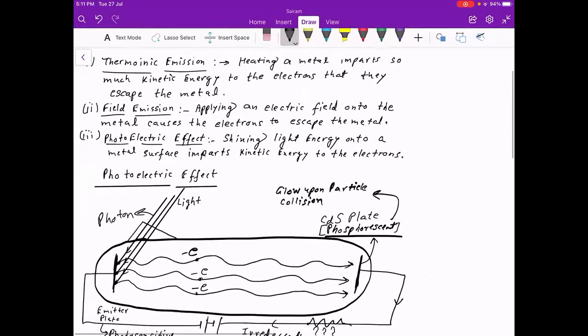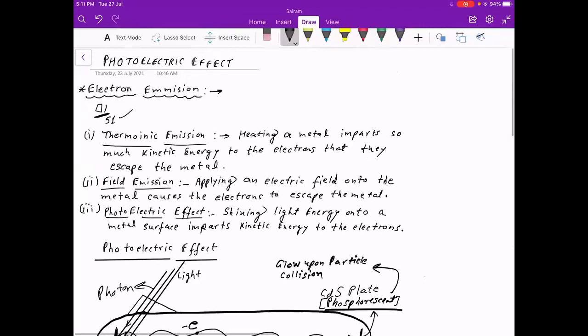One is thermo emission, where you heat the metal so much that the electrons come out. The other one is field emission, where you apply so much electric field that the electrons come out. Lastly, you apply light onto the metal surface, so that the photon itself gives the energy to the electron.